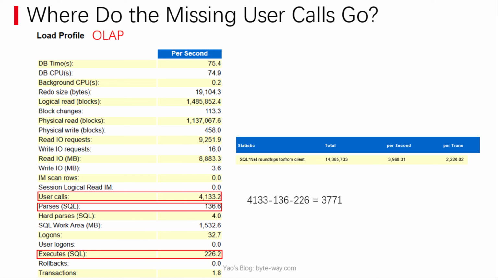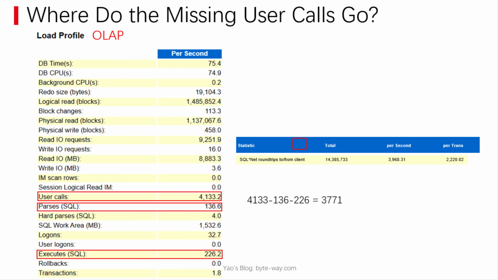So those 3,771 missing calls may be fetch calls. You can back this up by looking at the SQL*Net roundtrips to/from client in the instance activity stats section. It's 3,968 per second.